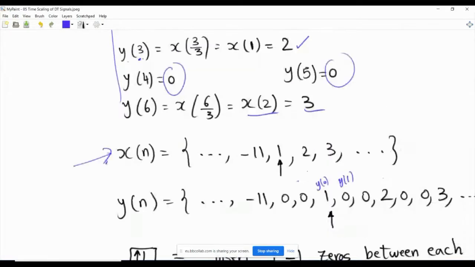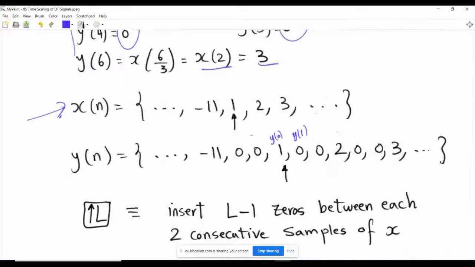And you will discover, if you compare the sequences, that when we did this operation, upsampling by factor L equal to 3, what we did is insert 2 zeros between each 2 successive samples. It's always the case that x of 0 and y of 0 are equal.